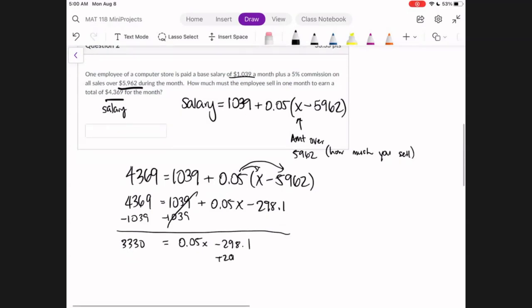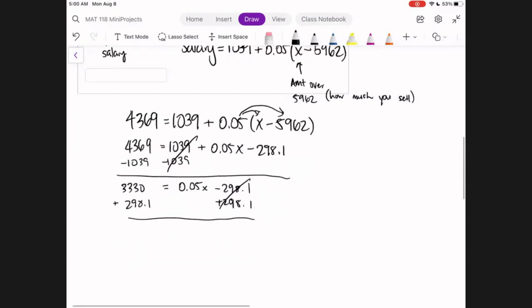You could have combined these in the previous step and then moved one term over, and it's perfectly fine. So we get 3,628.1.